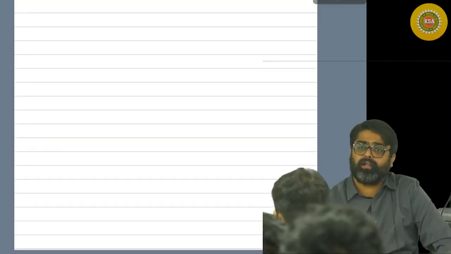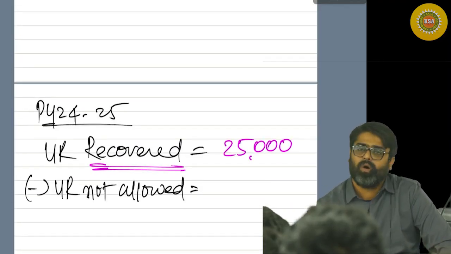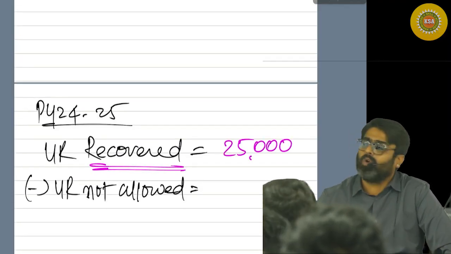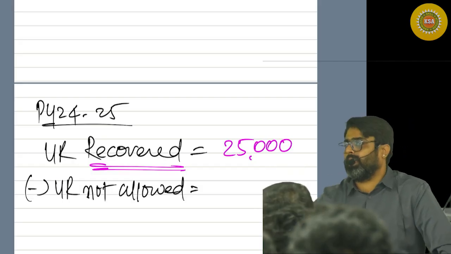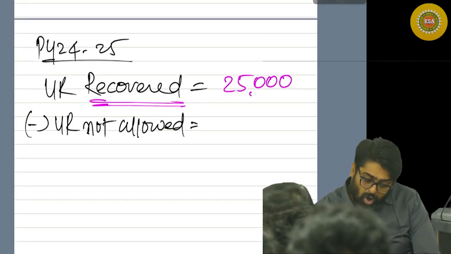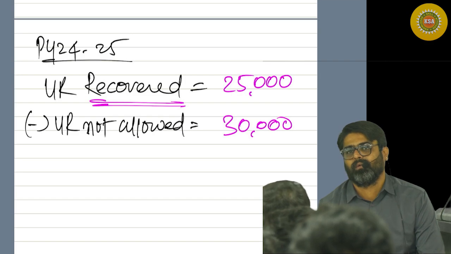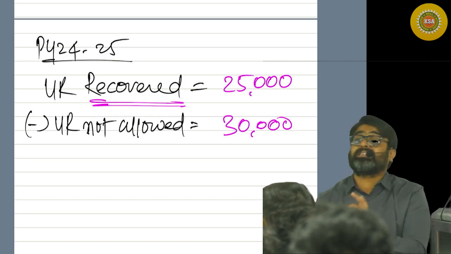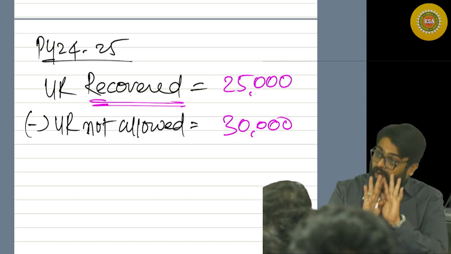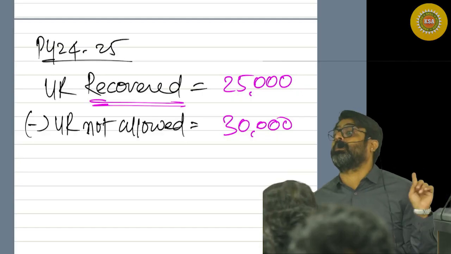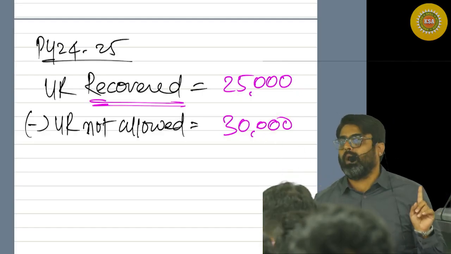Did I recover the entire 40 or only 25? Don't you think on this 25,000 I will not pay tax? Because already I have paid tax on it. To the extent of 30,000, whatever recovery happens, on that I will not pay tax. Anything over and above, I will pay tax.